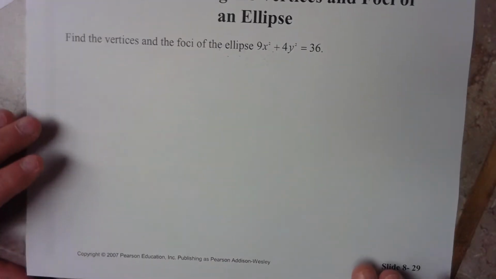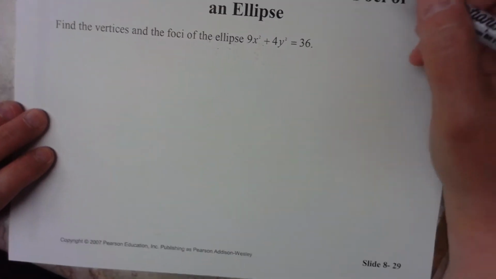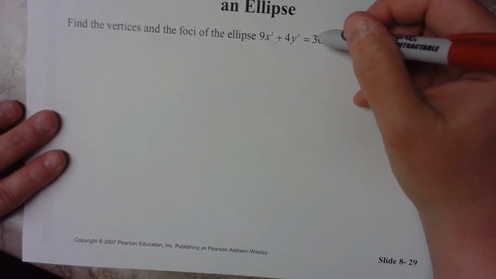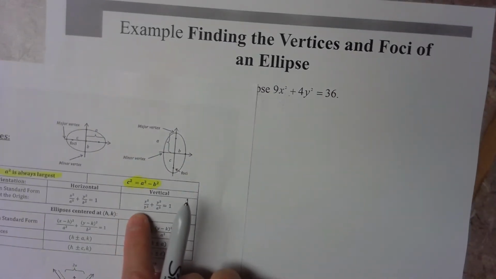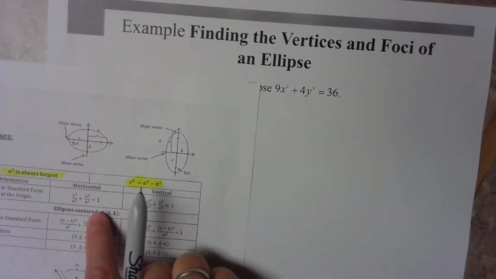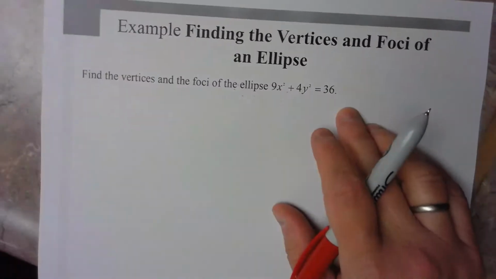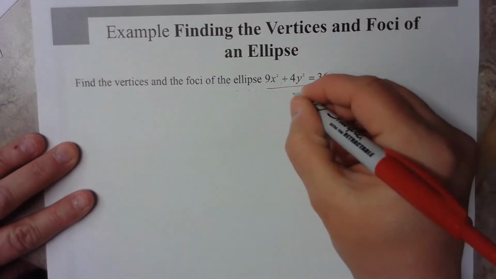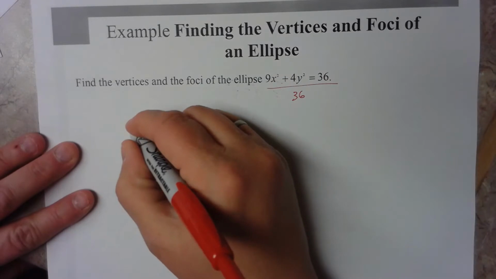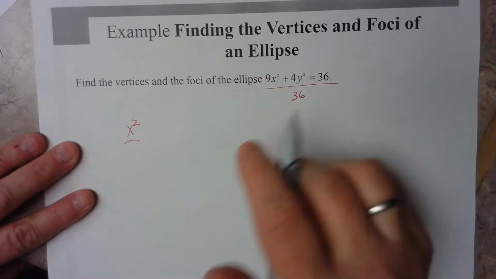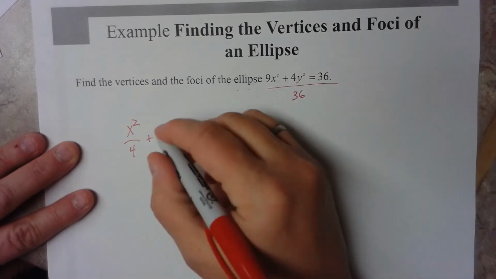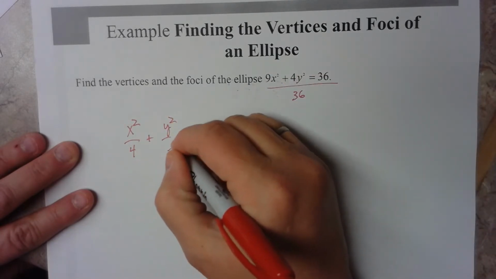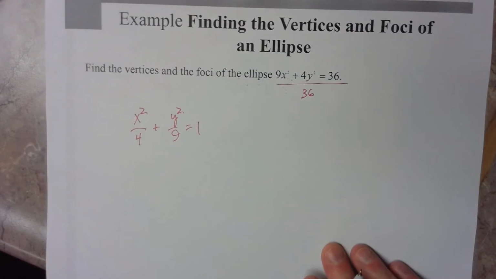Oh, a problem. Find the vertices and the foci of the ellipse 9x squared plus 4y squared equals 36. The first thing you notice is that it is not in this form. We need to get it in this form. It has to equal 1. So let's make this equal 1. Divide everything by 36. 36 divided by 9 is 4, and 36 divided by 4 is 9, and equals 1.